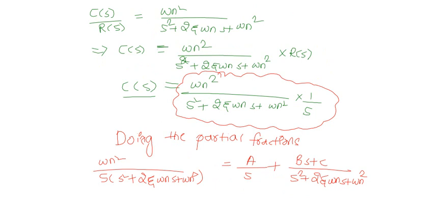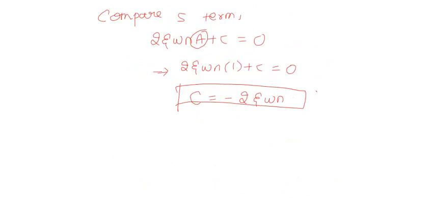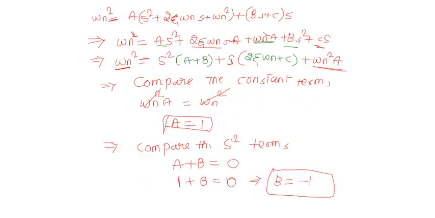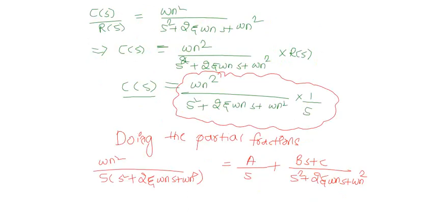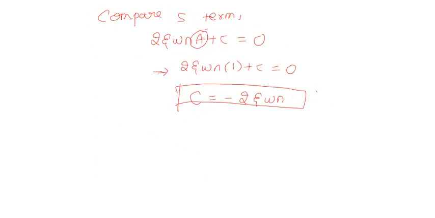Then we get A equal to 1, so 1 by S plus 2 zeta omega n by S square plus 2 zeta omega n plus omega n square. So substitute A, B, C values in the equation 1. Let us say this is equation 1.